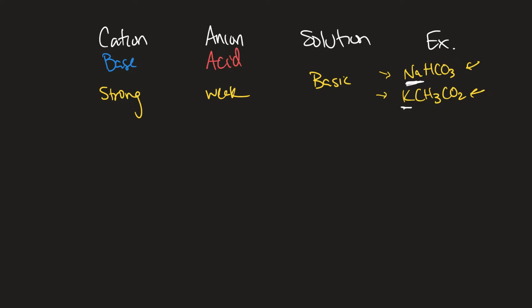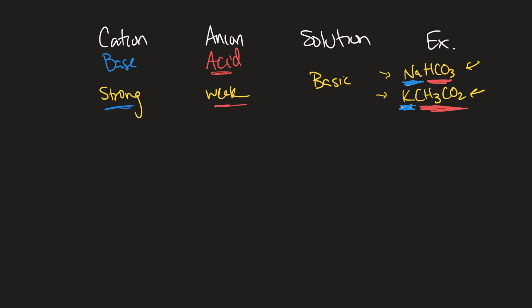Here we have sodium and potassium, so these are our metals. That gives us an idea that we're dealing with a strong base when we have these metal cations. And from the anions, what we see here are essentially conjugate bases of weak acids. So your acids are weak here.